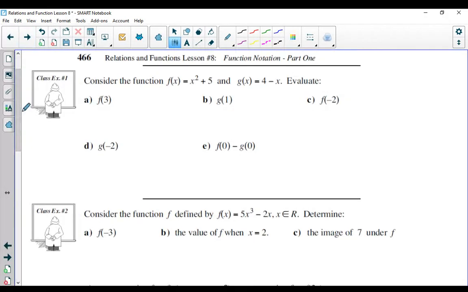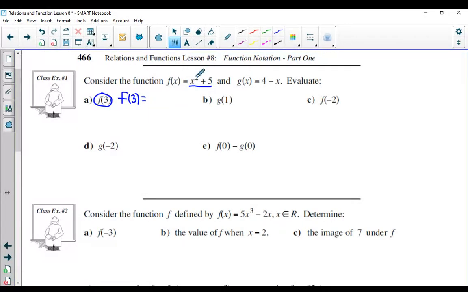Okay, let's do some examples now where we play around with this function notation. It says consider the following two functions. You have f of x is x squared plus 5, and you have g of x is 4 minus x. Evaluate f of 3. So this wants me to take this part of the equation and replace x with 3. So f of 3 is telling me to evaluate the equation when x equals 3.